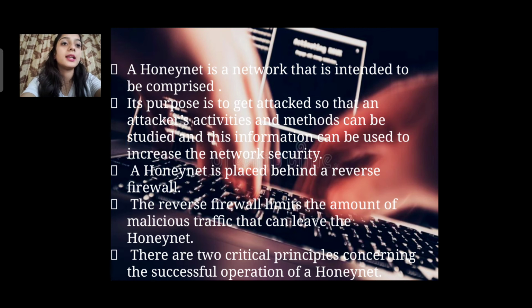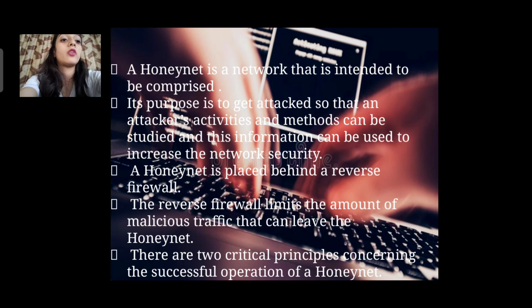A honeynet is a network that is intended to be compromised. Its purpose is to get attacked so that an attacker's activities and methods can be studied, and this information can be used to increase the network security. A honeypot is placed behind a reverse firewall.